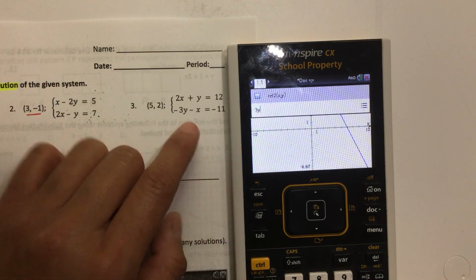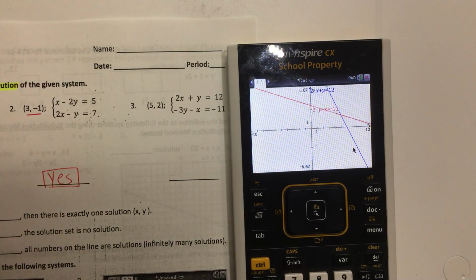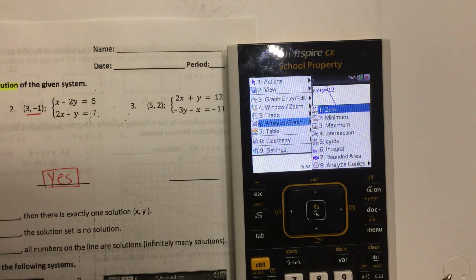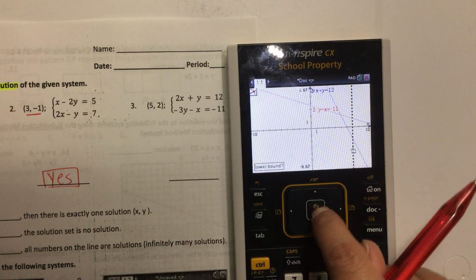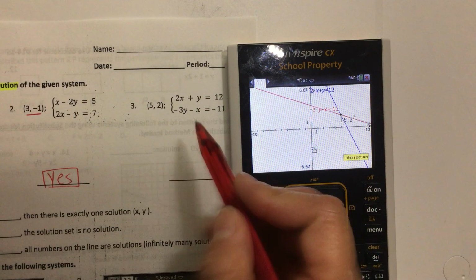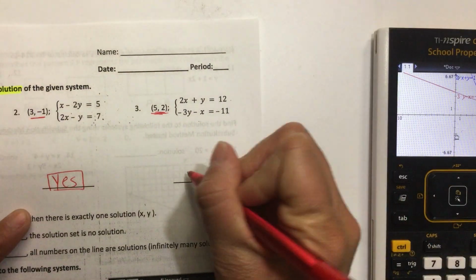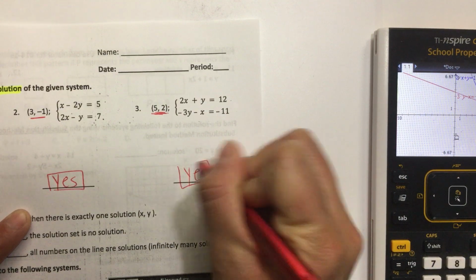Negative 3y minus x equals negative 11. Press enter, use the menu feature, menu 6, 4. You can click, highlight, click one more time. 5, 2 is the solution, and that is the point listed here. So we will say yes, it is a solution to the system.